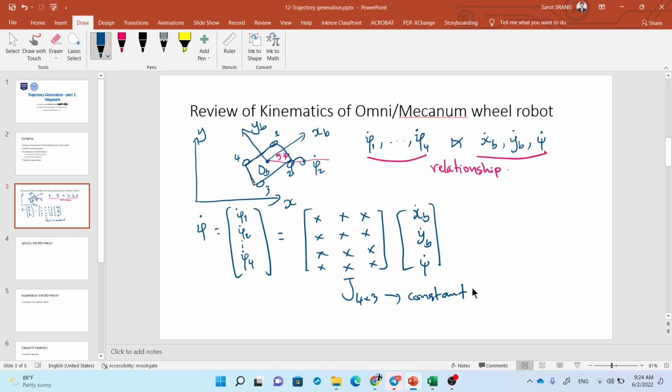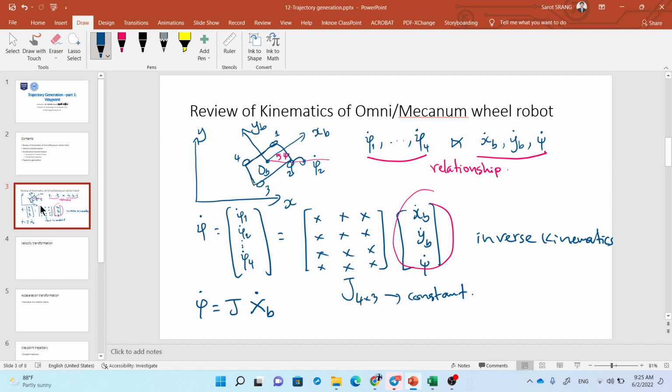And so this one is called inverse kinematic. Okay. Then if we want to find forward kinematics, we define this term. So I denote by compact form, phi dot equal to J times capital H dot b, where capital H represents this vector.